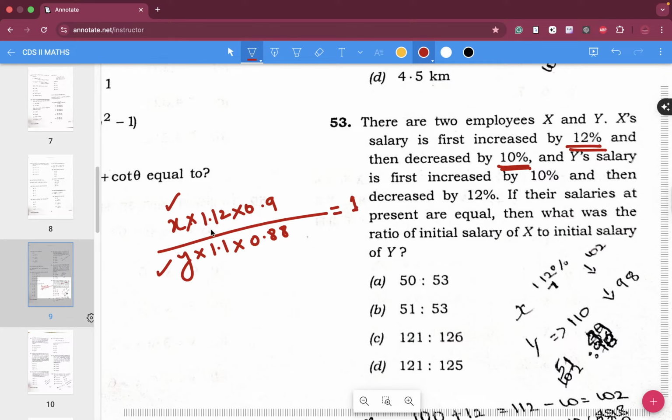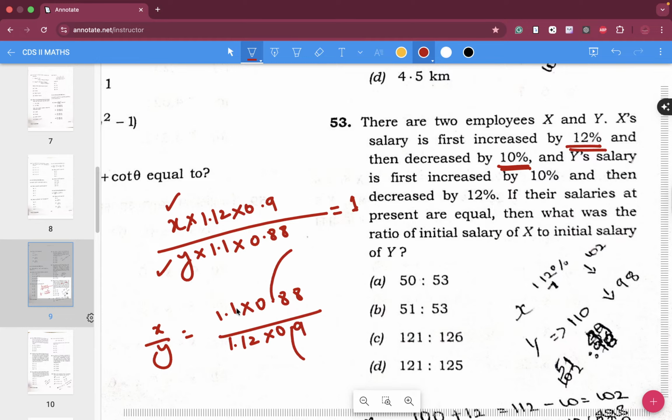So the initial salary of X comma Y will be 1.1 into 0.88 divided by 1.12 into 0.9. This is what we are going to have.